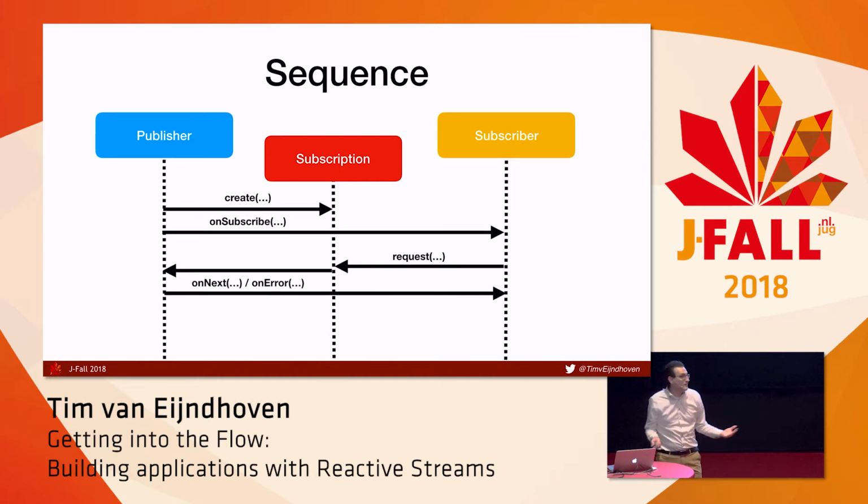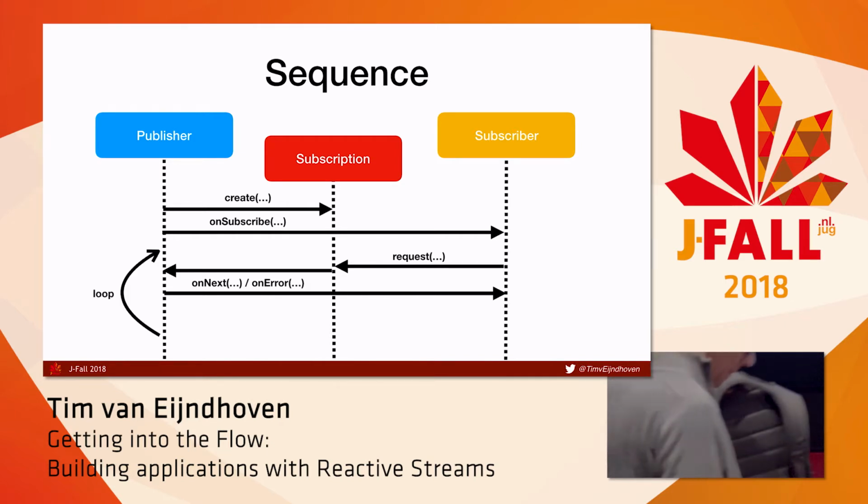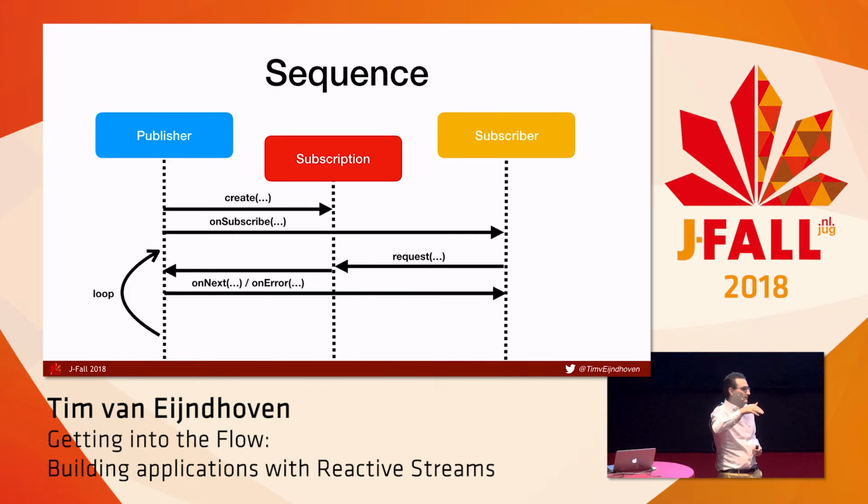The publisher then will signal the amount of events that it has data for, right? So each data element is sent in a new onNext event. And whenever an error occurs, it will send you an onError event. And it will do so for the amount requested, if it has that amount of events to generate or already generated in a buffer or whatever.